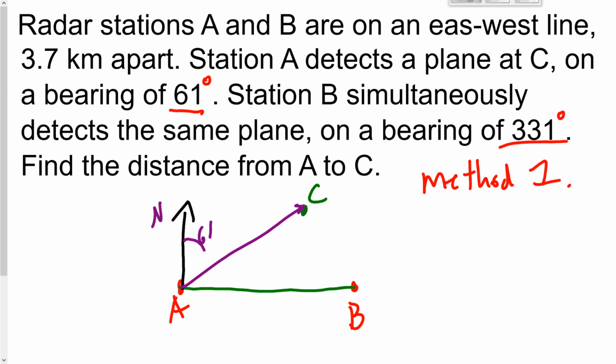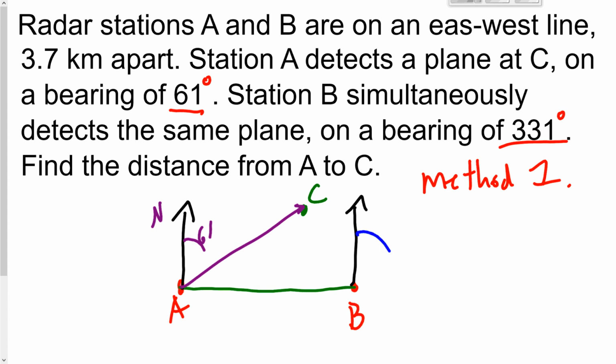Okay, and then we see that B, let's do blue, on a north line detects the same plane simultaneously, right? It has to be at the same spot simultaneously, at 331 degrees.